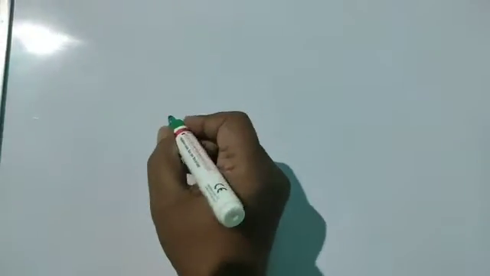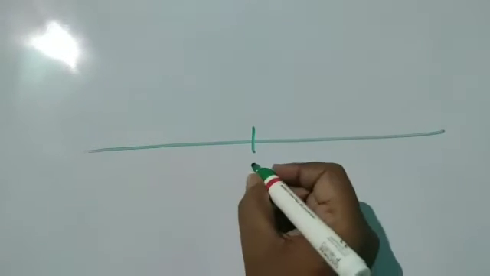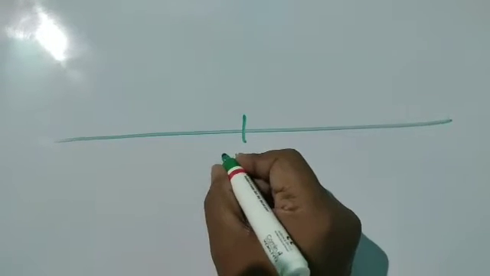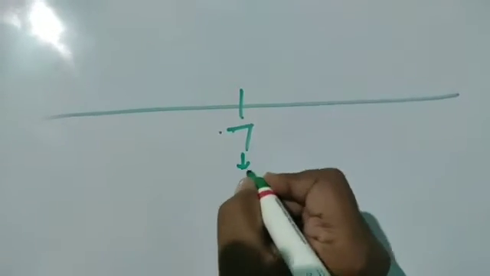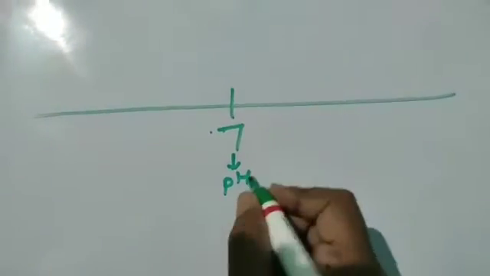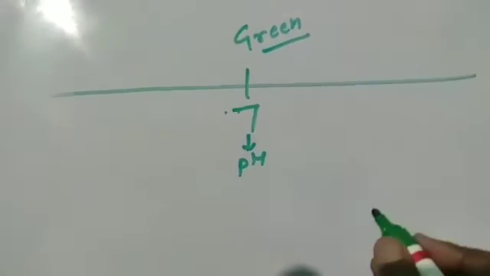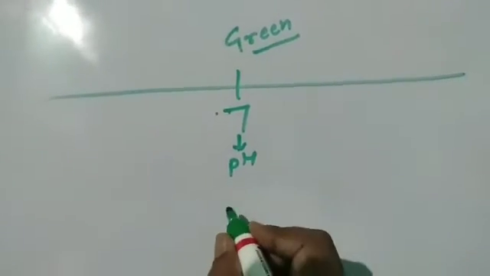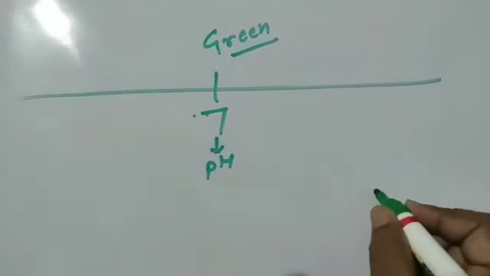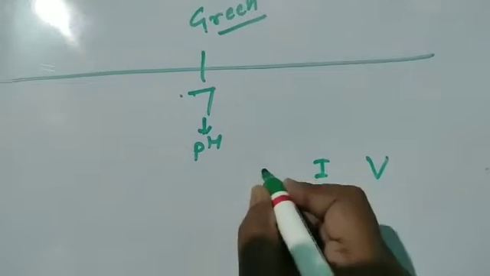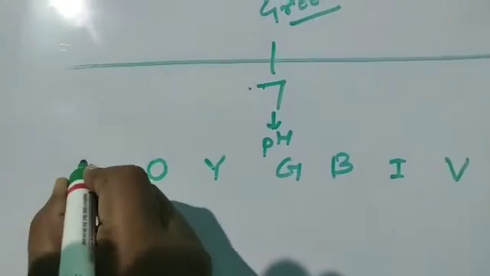I have explained pH and their color relations. If the pH value is 7, it always gives green color. Remember VIBGYOR.